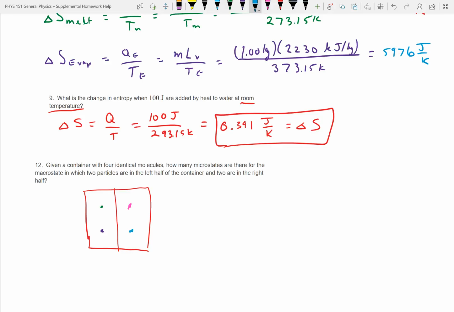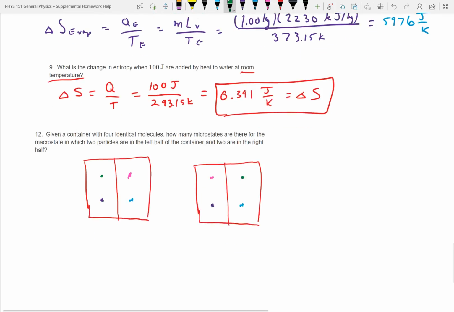But I could switch the pink and green. Yeah, actually, let me copy and paste. Be a little quicker probably. So I could just exchange those two. That's a new state, right? New microstate.